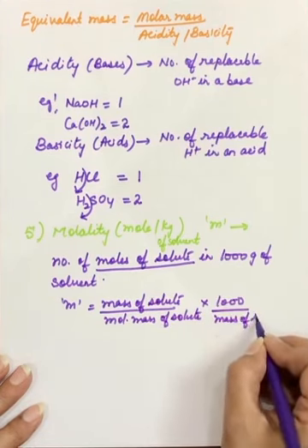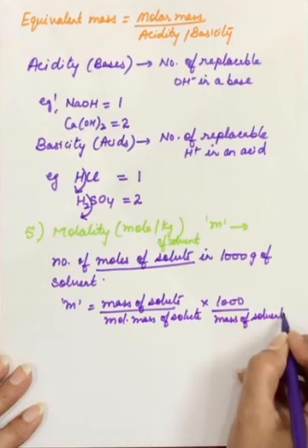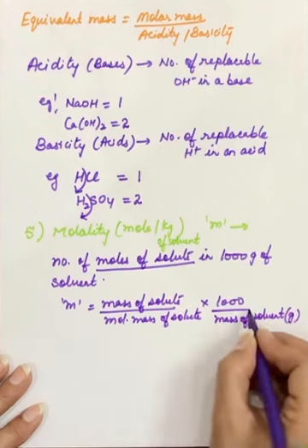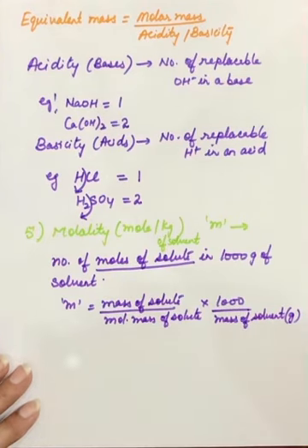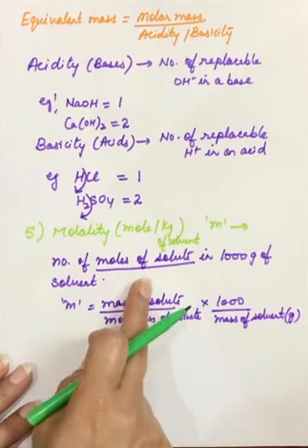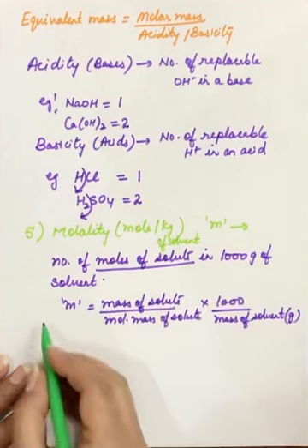But this mass of solvent we will take in grams. That is why we are using 1000 here to convert it to per kg. So what is molality? It's the number of moles of solute present in 1 kg of solvent.